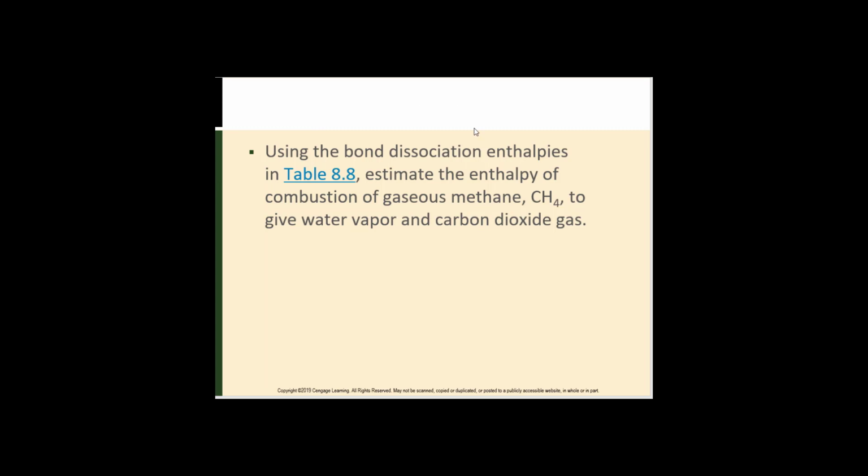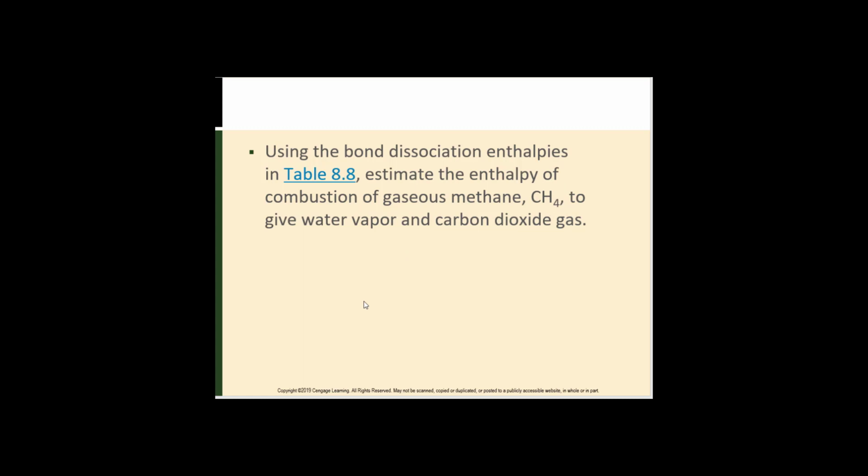Here's the next one, using the bond dissociation enthalpies from the text, and I'll scroll to that in just a second so you can look at it. We're going to estimate the enthalpy of combustion of gaseous methane. So remember what a combustion reaction is. If I have methane, CH4, what does it need in order to combust? What's its other reactant?